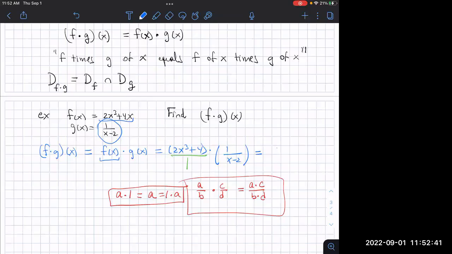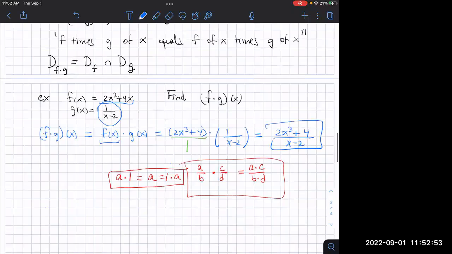So this becomes 2x cubed plus 4 over x minus 2. That would be the product of these two functions. And the domain of the product is the intersection of the domains, which is what we calculated before, all the x's such that x is not equal to 2.